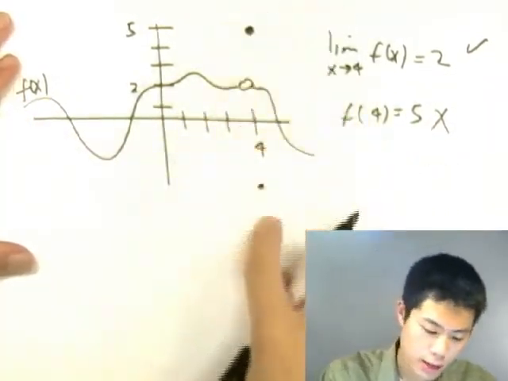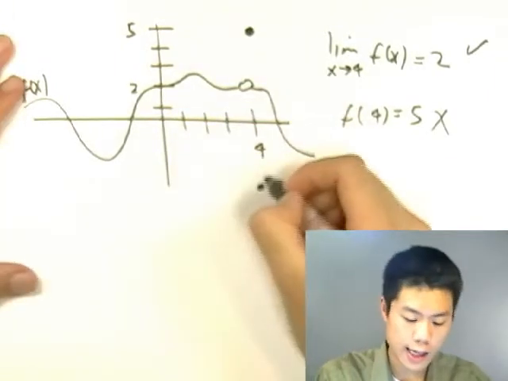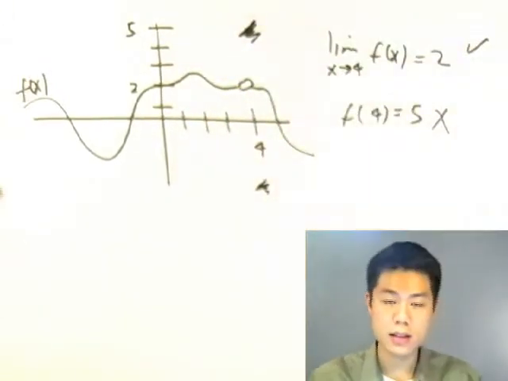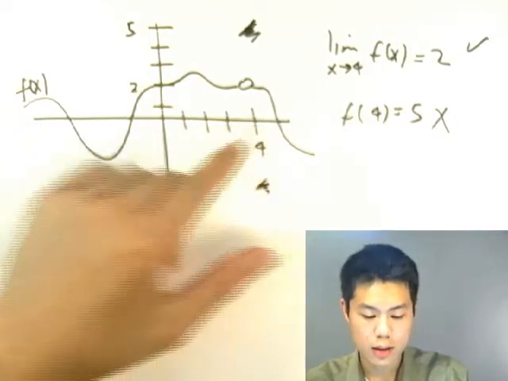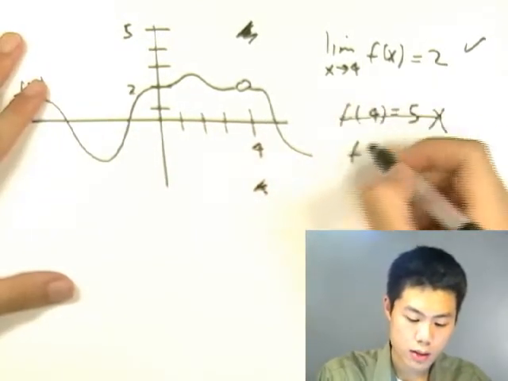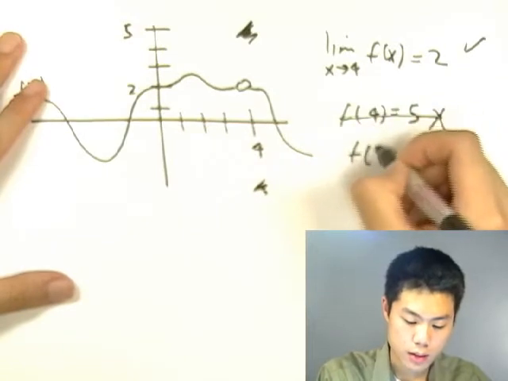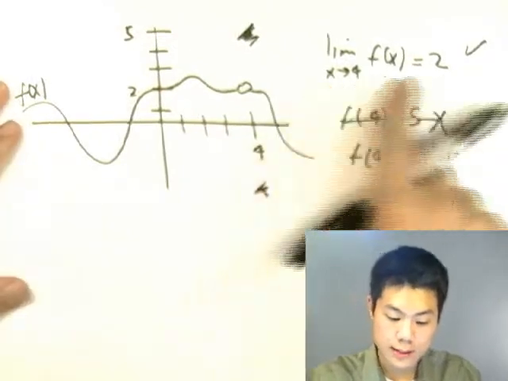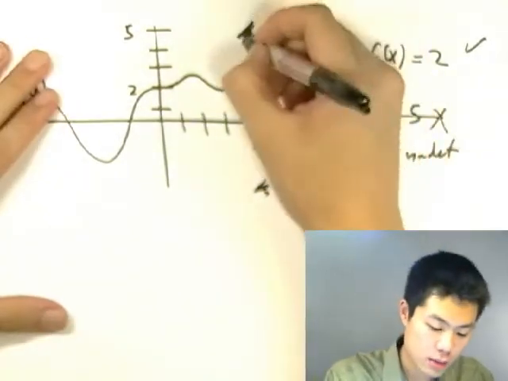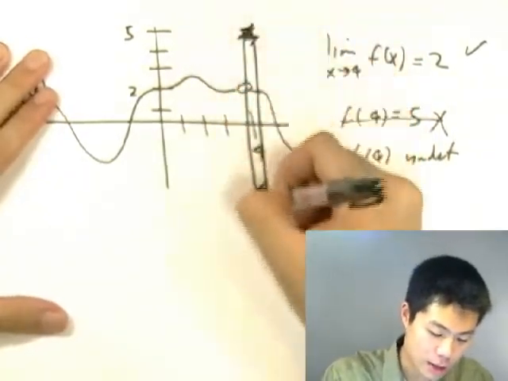I can move this dot however I want. You know what? I can even take out all the dots such that this function doesn't exist at x equals 4. So now this is undefined, but this limit still exists. I could actually just black out this entire thing.